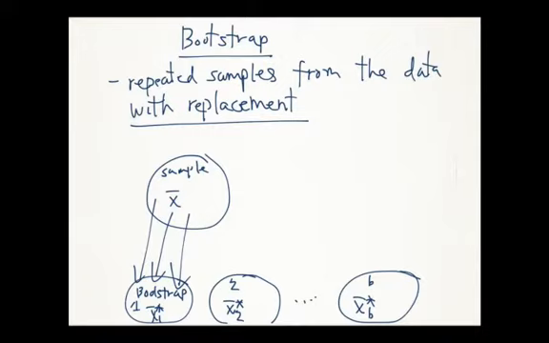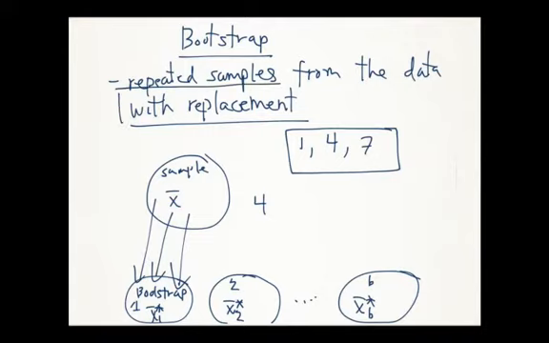So in other words, suppose I have a sample that consists of 3 numbers, 1, 4, and 7. Okay, suppose that's my entire data set. If I'm sampling from that with replacement, suppose I choose the first number and it's 4. Then I put 4 back into the pot. That's what we mean by with replacement. 4 is eligible to be chosen again.